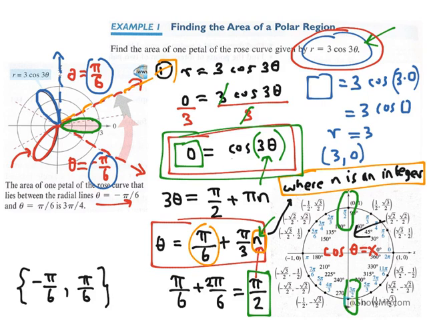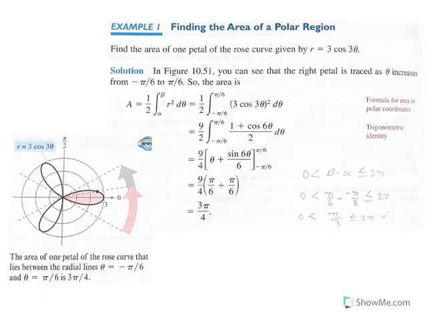So if you click the suggested link, that would have taken you to the Desmos version of what we just saw with the graph. So here is our integration formula for finding the area of a polar region.